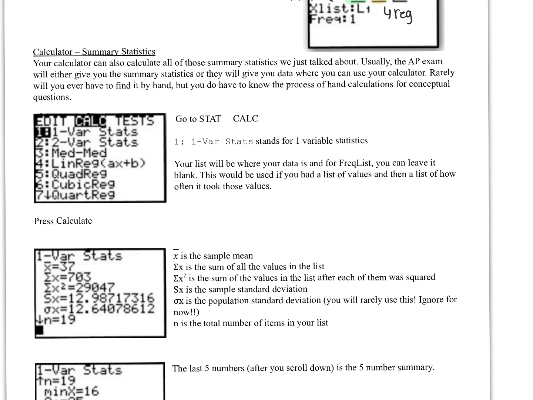And you're going to choose the first option, 1-Var Stats, which stands for 1 variable stats. For right now, it should automatically draw from list 1. And then it has something called frequency list. Leave that blank for now. In chapter 2, we'll talk about our frequency list.